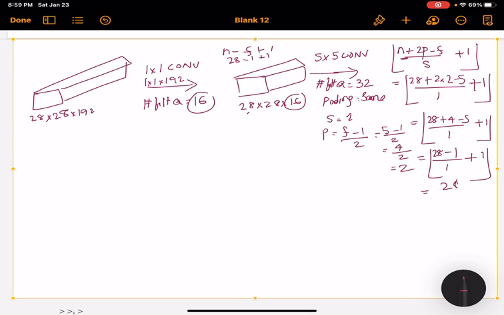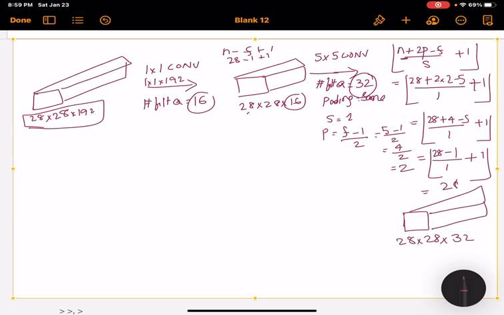So you get an output of again 28 cross 28, but the depth will now be equal to the number of filters, which is 32. As you can see, my input was 28 cross 28 cross 192, and I have now got an output of 28 cross 28 cross 32.